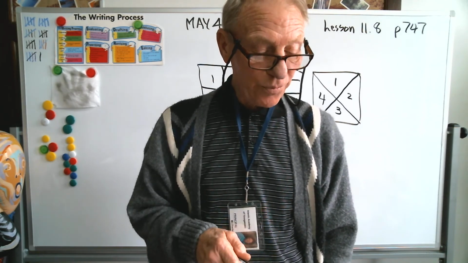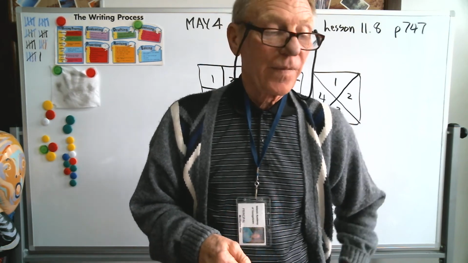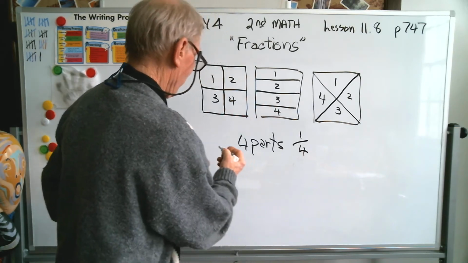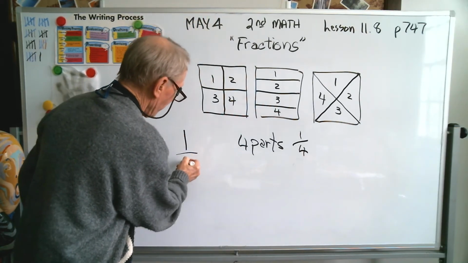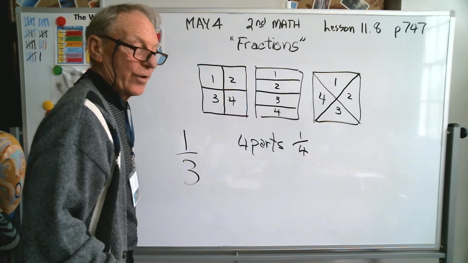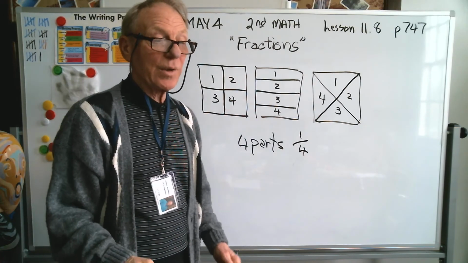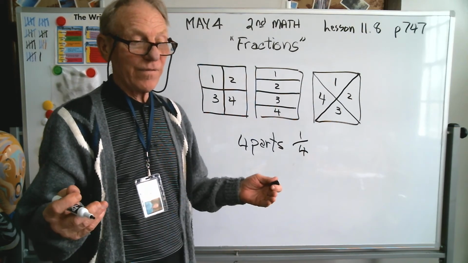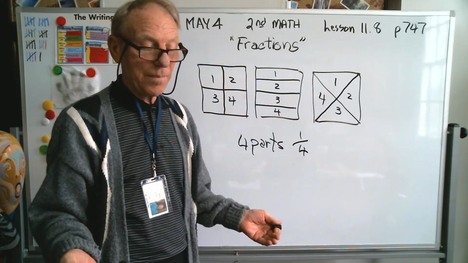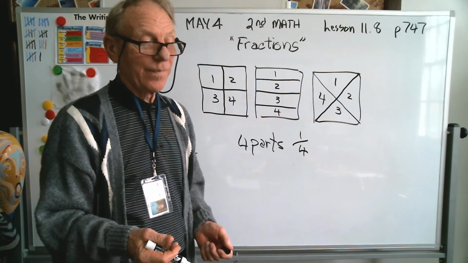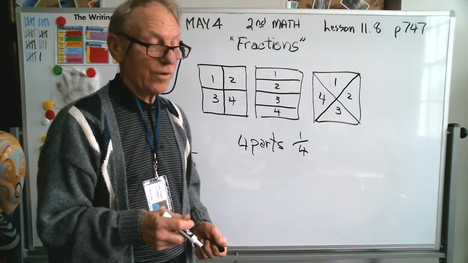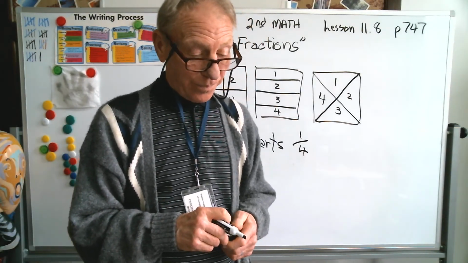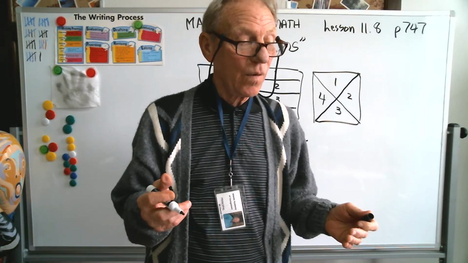So when you've got 3 equal parts, each one represents 1/3. Because when you have 3 1/3s, you have a whole object, a whole shape. So each one of those little squares in problem number 1 is called a third.